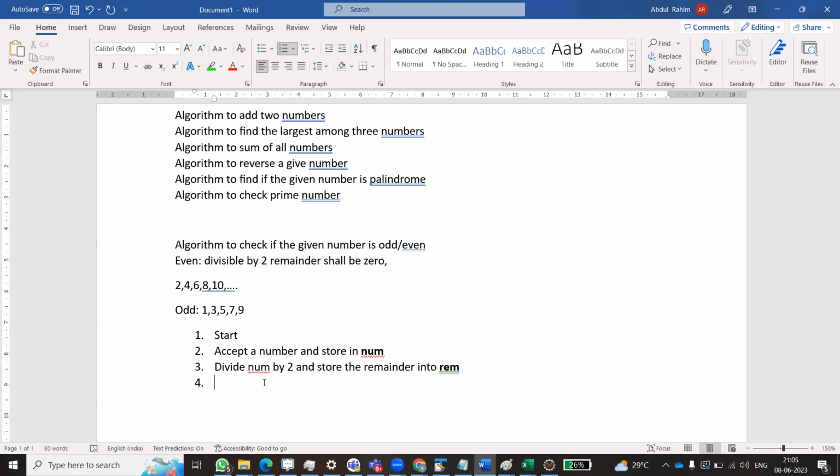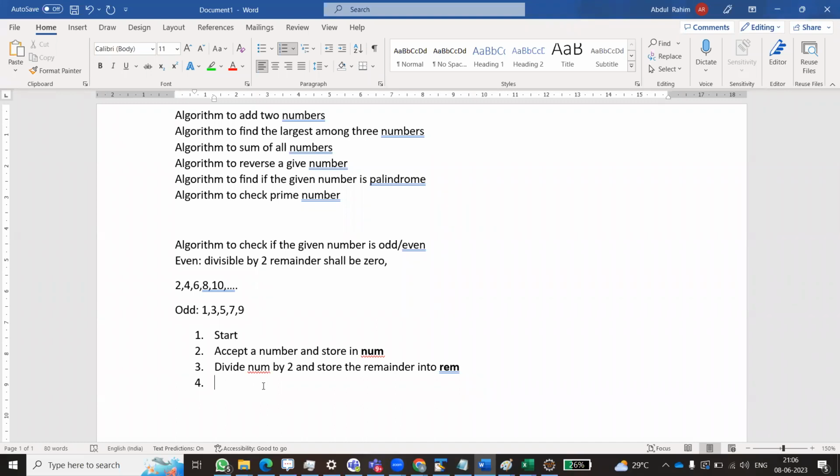If else condition, like if remainder is equal to 0, then even, else odd. Arshia. Okay. So instead of storing the remainder, it's possible to just display the output, sir.